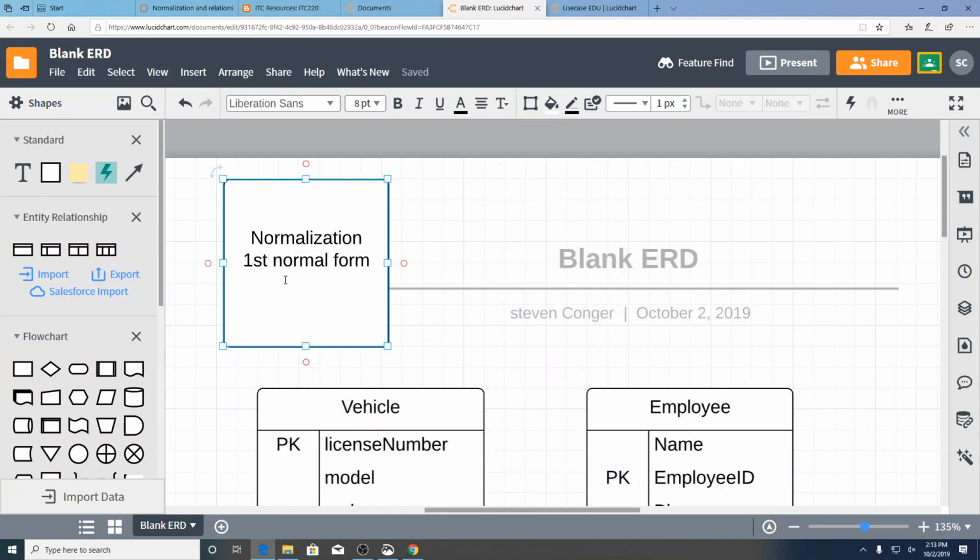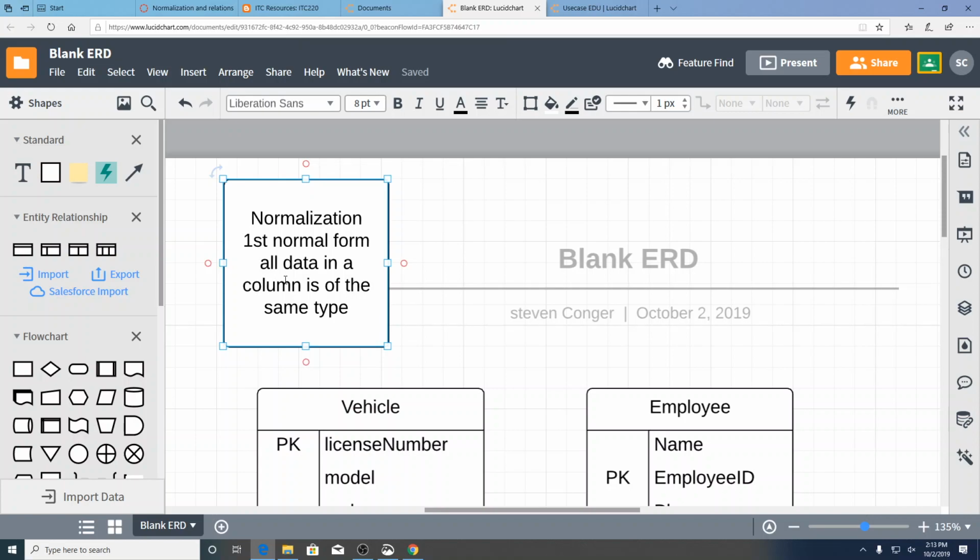Basically, it has a couple of things. All the data in a column is of the same type. What that means is that if it's a date column, everything in that column are dates, right? If it's names, everything in that column is a name. You don't accidentally put an email in your name column.